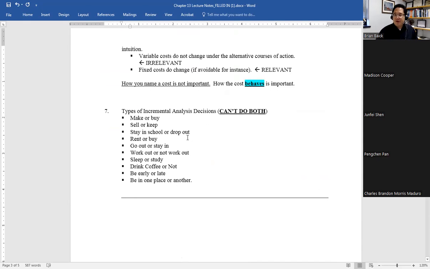Some examples include making something or buying, selling something or keeping it, staying in school or dropping out, being late or being early. If you have those types of decisions, you know that you can't do both things. You have to choose one or the other. So it's really a situation where it's either A or B.